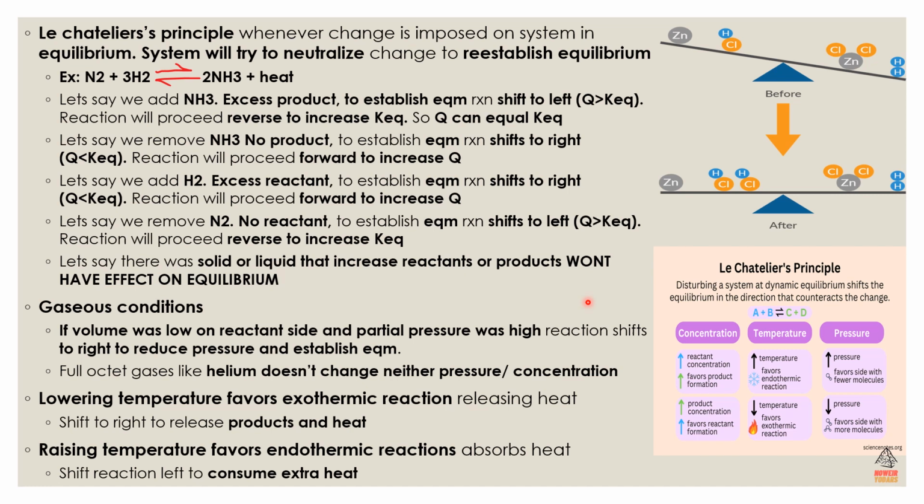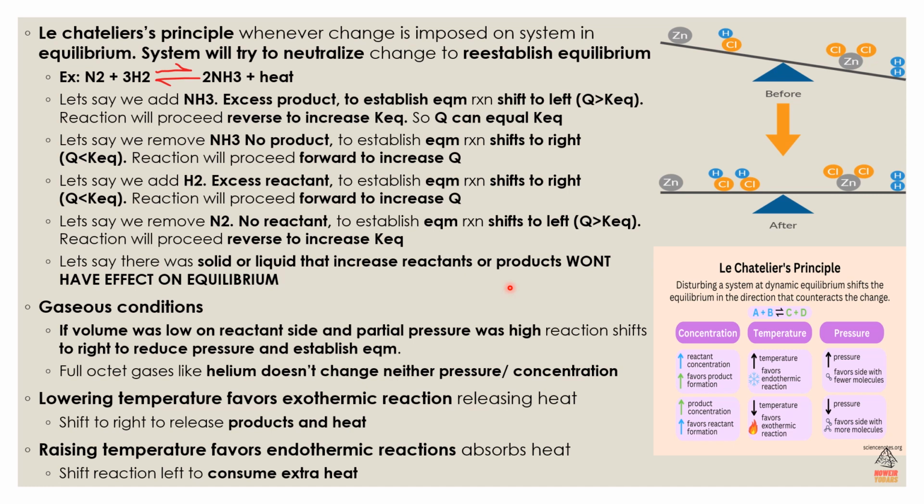It doesn't really care if it's higher on one side and low on another side. It cares more about establishing equilibrium, and the same goes vice versa. And you need to pay attention to something: full octet gases like the noble gases, like helium, for instance, change neither the pressure nor the concentration.